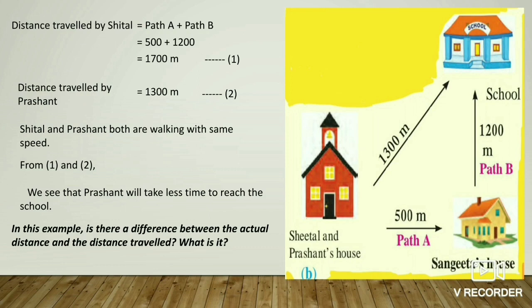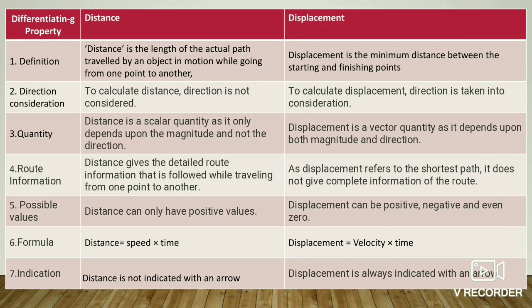In this example, is there a difference between actual distance and distance traveled? What is it? Yes, there is a difference between actual distance and distance traveled. That is nothing but distance and displacement. So here we see the difference between distance and displacement. Definition.